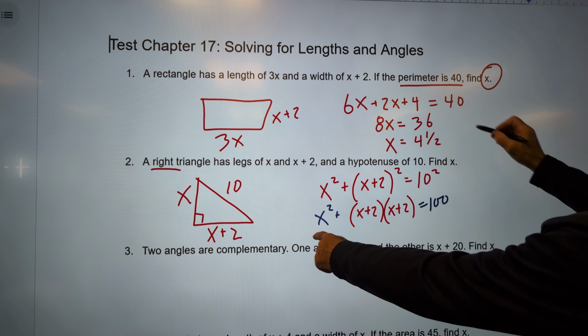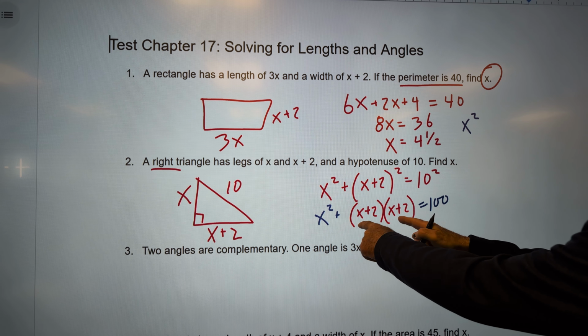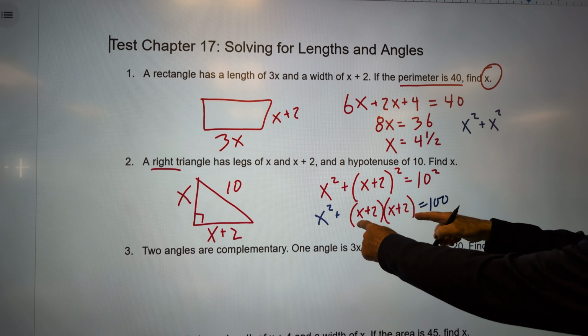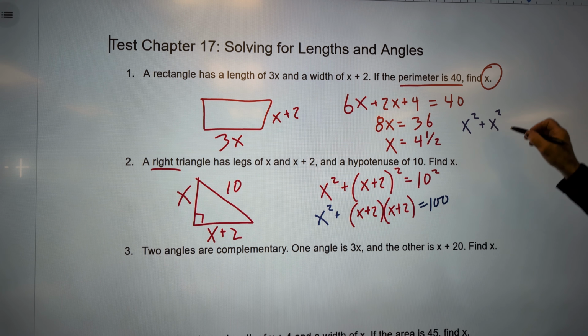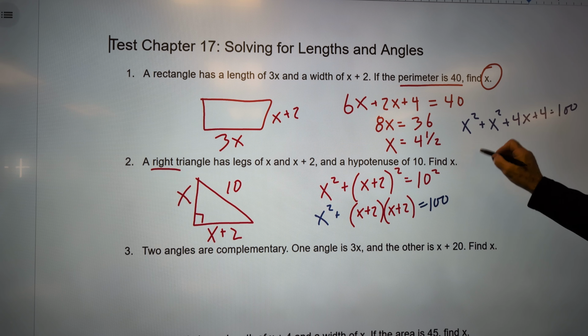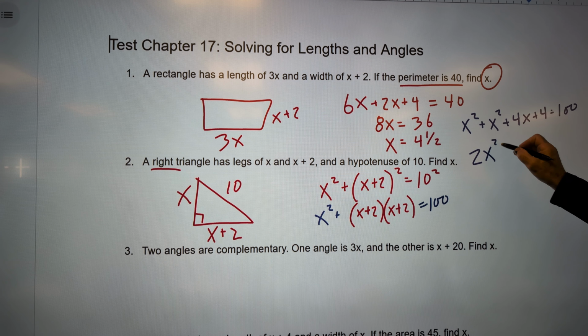I have to FOIL this out first. Outer 2x, inner 2x, last 4 equals 100. Now I have 1x squared plus another x squared, 2x squared, plus 4x.